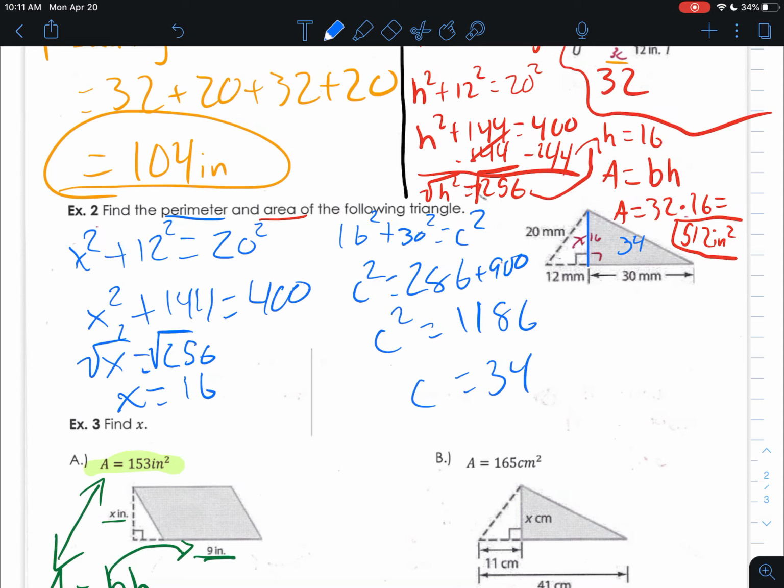And now for the perimeter, what we would have to do is 16 plus 30 plus 34. P is going to equal 80 millimeters. And that would be our final answer.